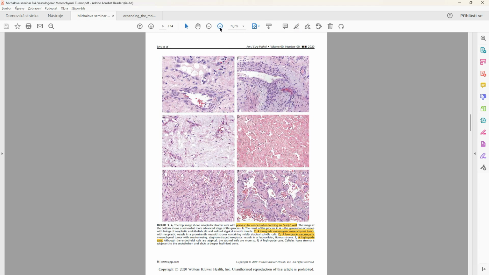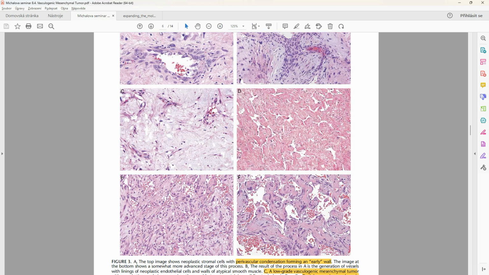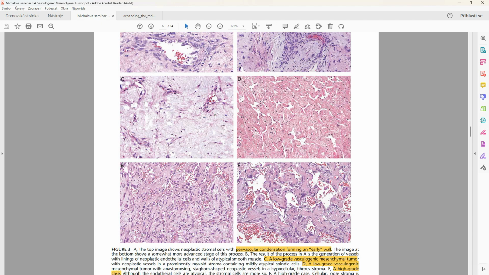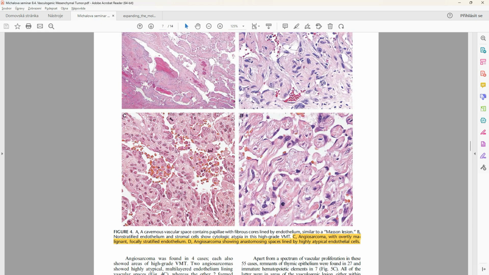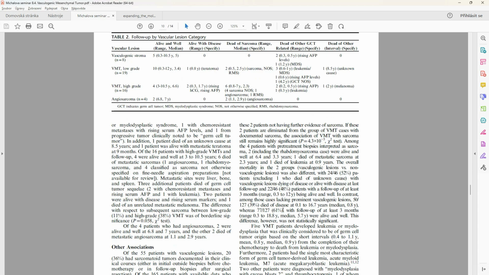The higher probability is that it will be more bland, like you can see in these pictures. It can also be transformed into more high grade, but still vasculogenic mesenchymal tumors not fulfilling the diagnostic criteria of angiosarcoma. But it can also be an angiosarcoma in rare cases.